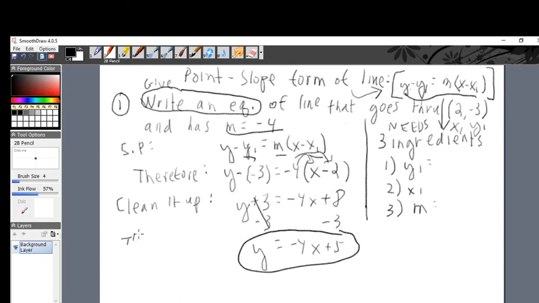This is usually what they want on the answer sheet.